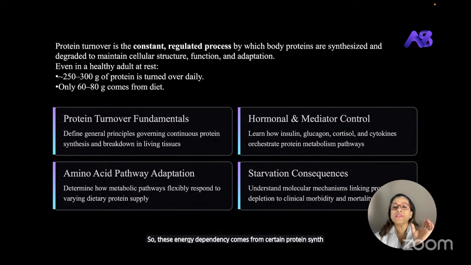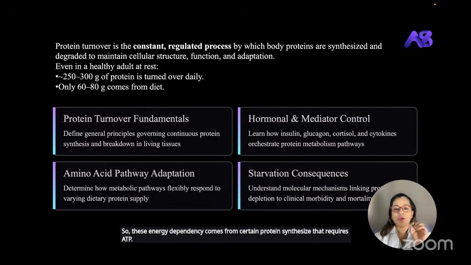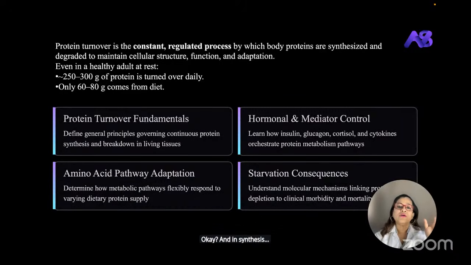Protein synthesis is energy dependent and requires ATP. In energy deficiency, breakdown predominates. Amino acids are diverted for glucose production, so protein metabolism is linked to energy metabolism. So that's when we talk about protein turnover.